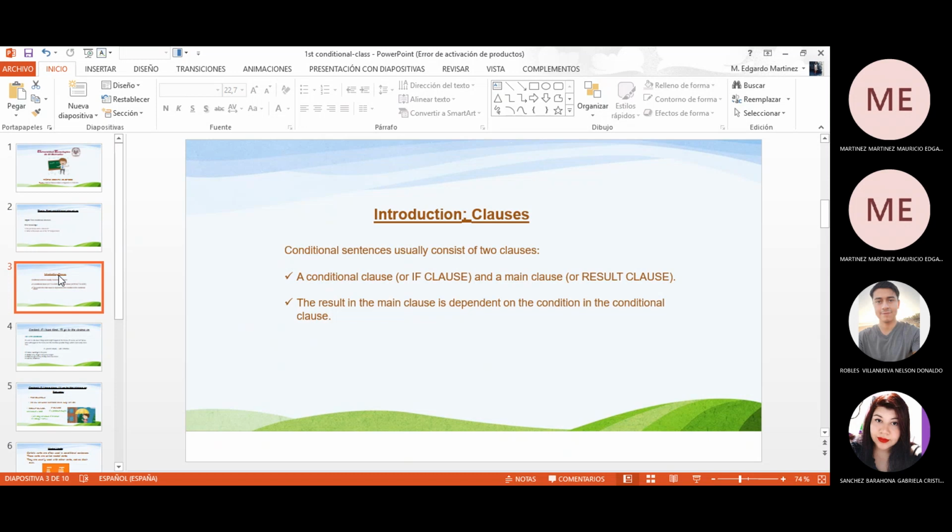The result in the main clause depends on the condition in the if clause. That means the result clause always goes after the if clause.